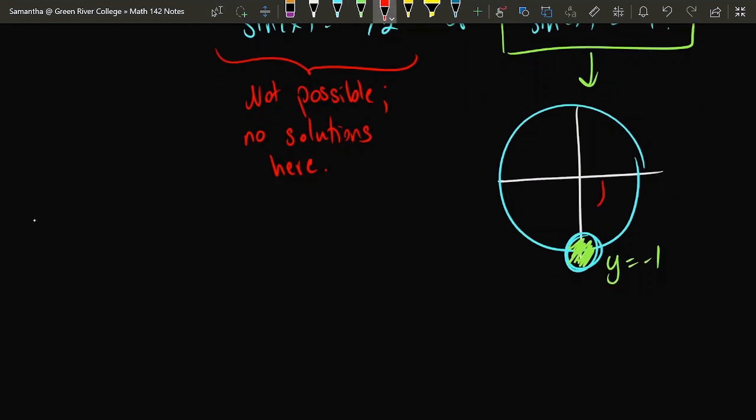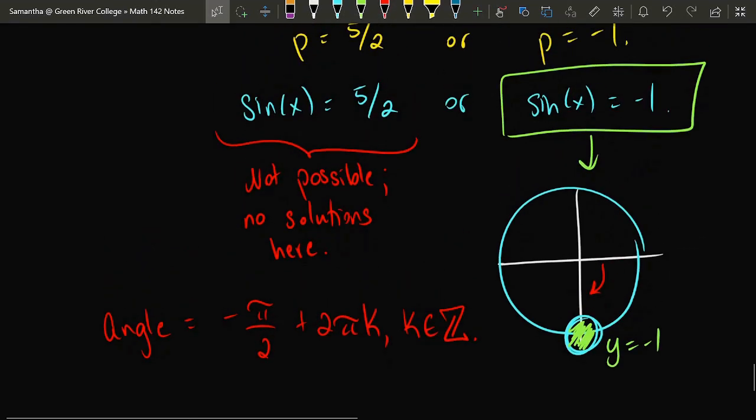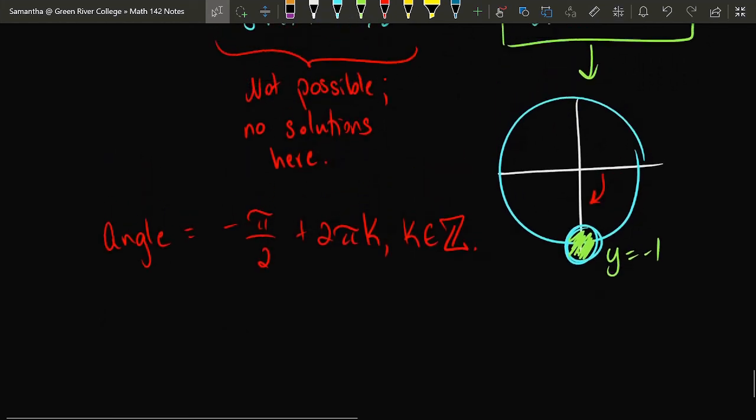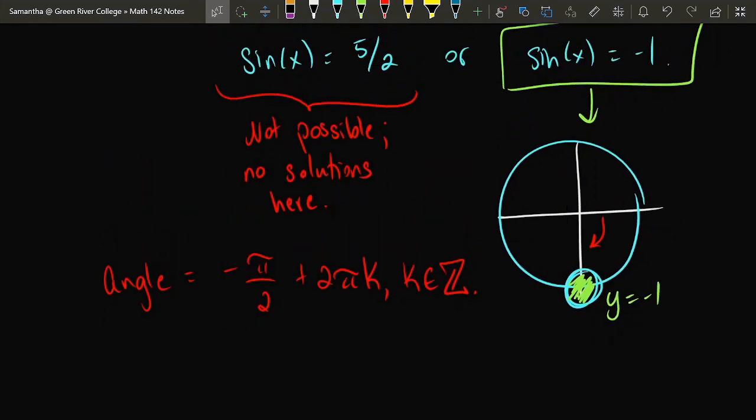What angle would put me at this location? One such angle is negative pi over 2, and any coterminal angle would also work. There are no other locations on the unit circle with this y-coordinate, so there are no other angles which satisfy sine equals minus 1.